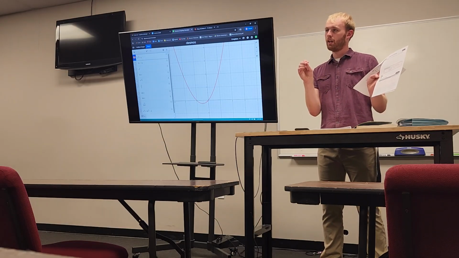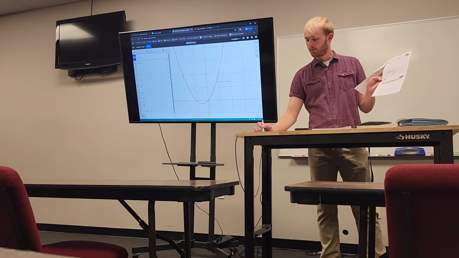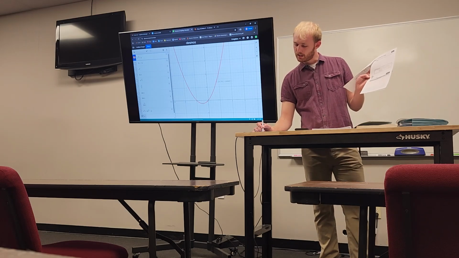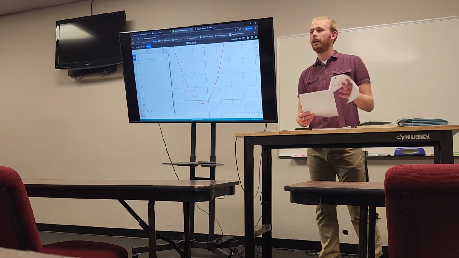The h stands for the distance between this point and this point. The x looks like 0.8, and then h would be 0.8 plus 0.4. So the h would be 0.4.